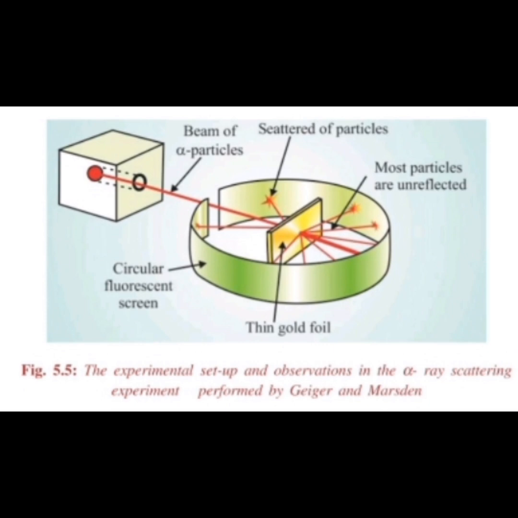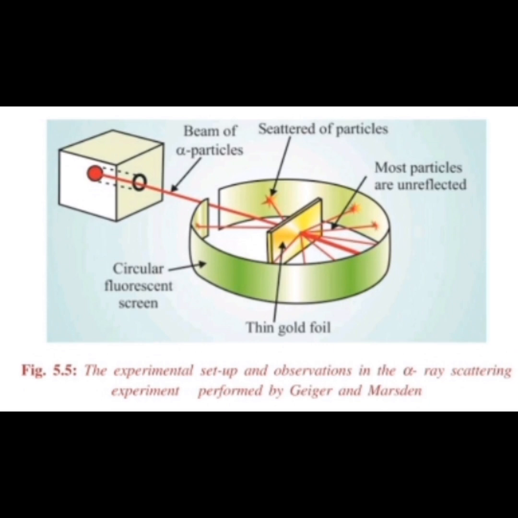But here, they passed alpha particles from a radioactive source through a gold foil of thickness 0.00004 centimeter.